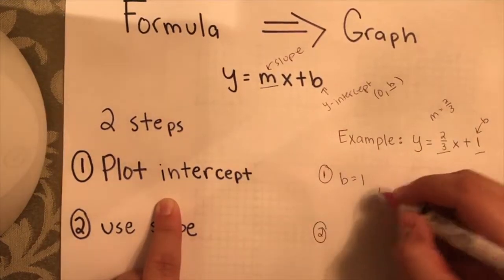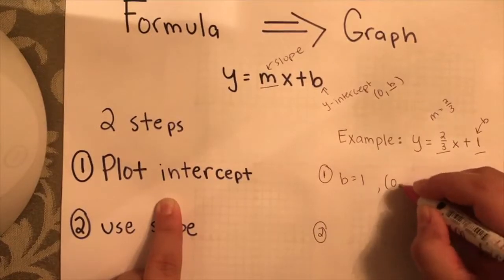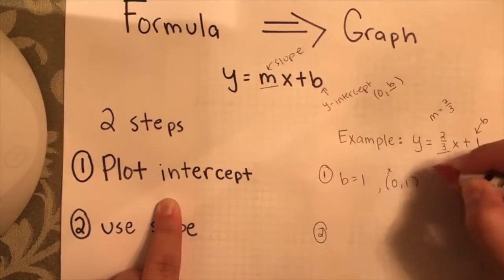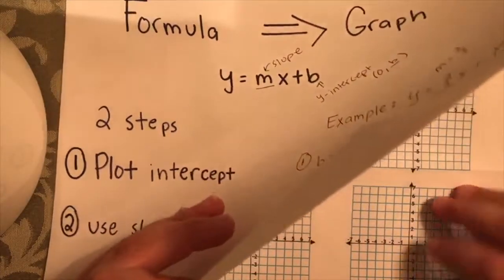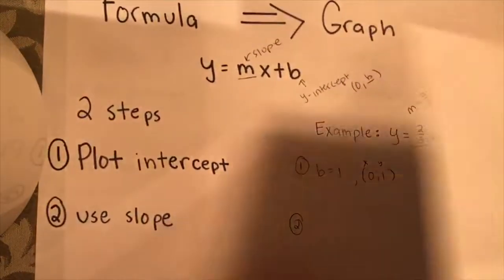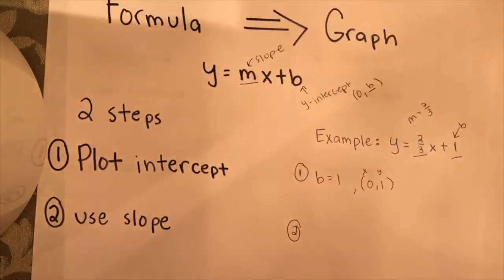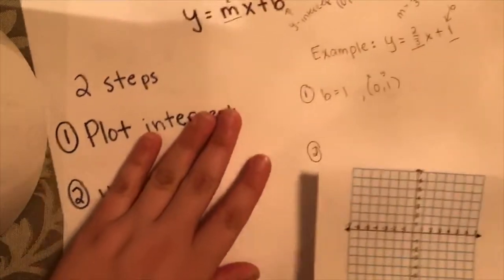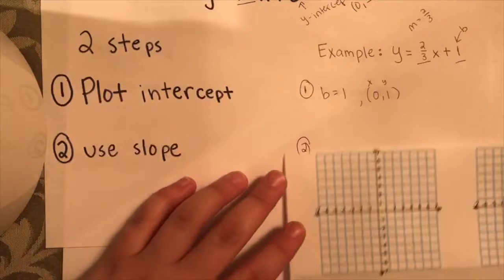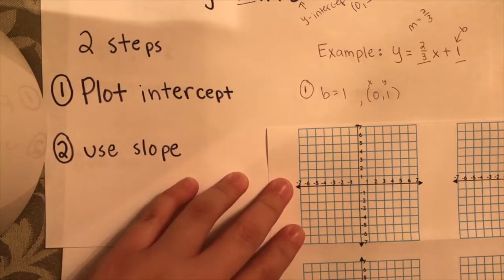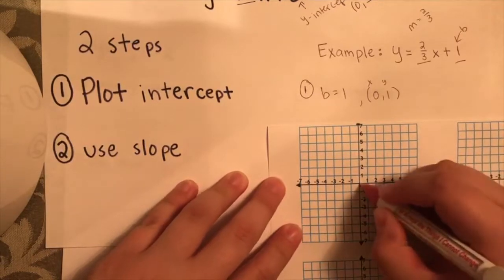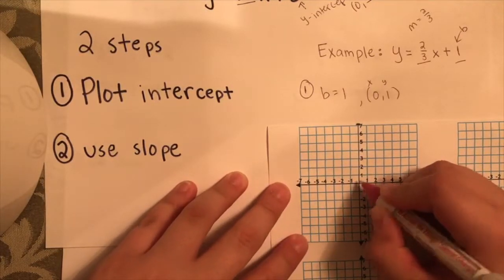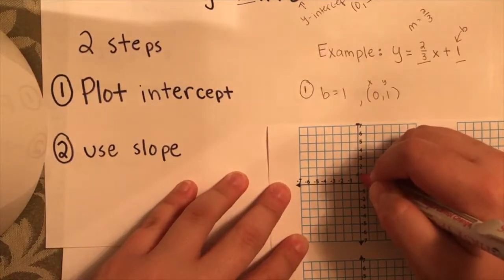We write that as an ordered pair, 0, 1, right? 0 is the x, 1 is the y. So we pull out our graph. Okay, here's a graph. You can see it. I'm going to move this up a little bit. So first step, plot the y-intercept. So we're going to plot 0, 1. So we start at the origin. 0 for the x and 1 for the y right here.